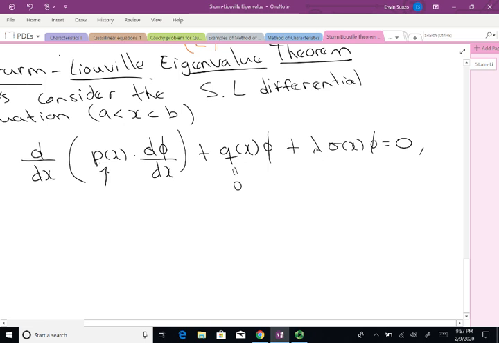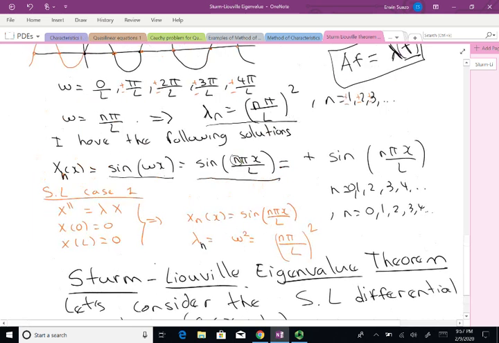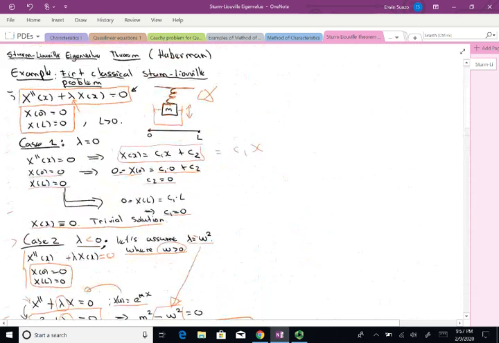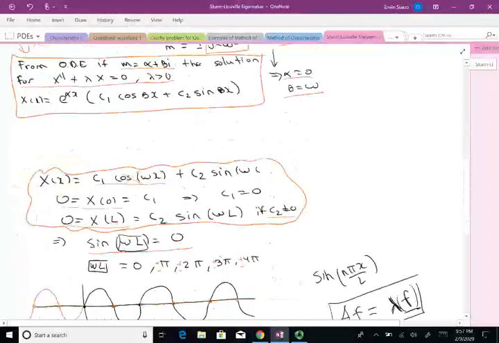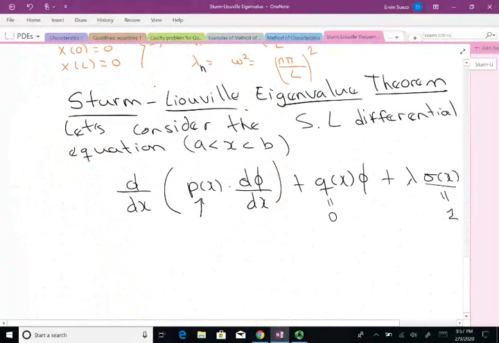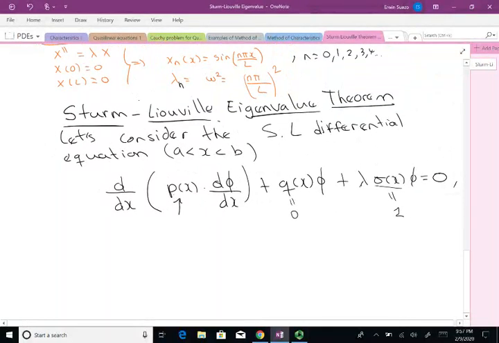Lambda was lambda, and sigma was 1. So if you do that, we will obtain the case we solved in our previous video. That's the first part, but that's not it. So this is the differential equation.